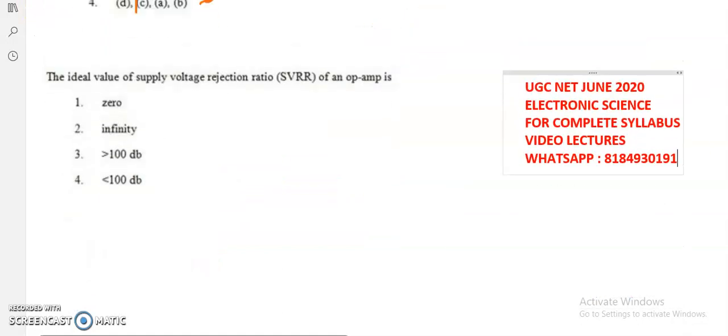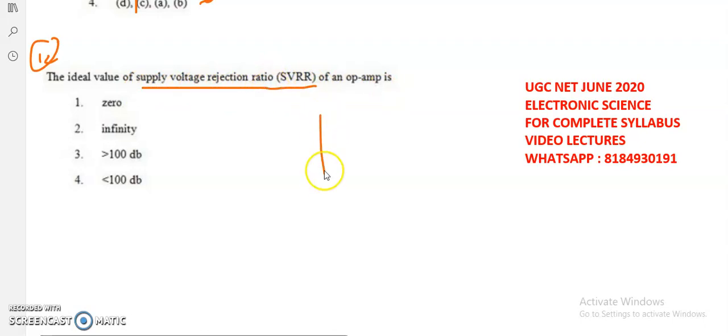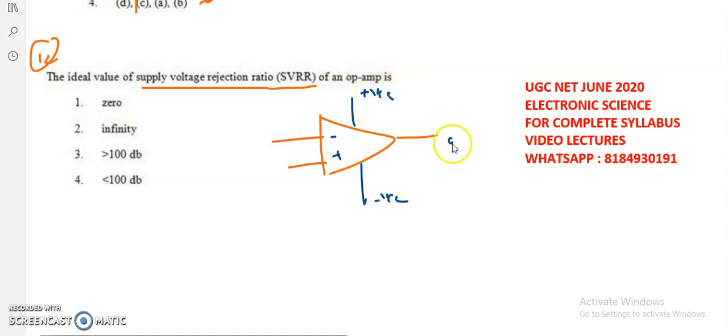And coming to the next, the 12th question: the ideal value of the supply voltage rejection ratio of an op-amp is. You have to understand what the supply voltage rejection ratio is. If you take the operational amplifier, the schematic has an inverting input, a non-inverting input, plus VCC, minus VCC, and the output voltage.